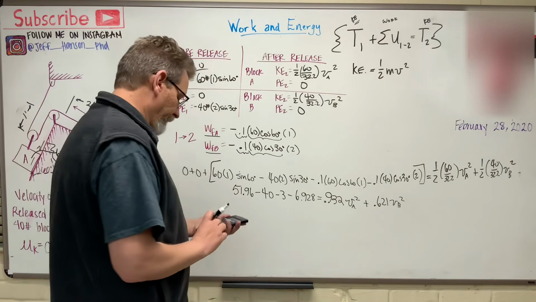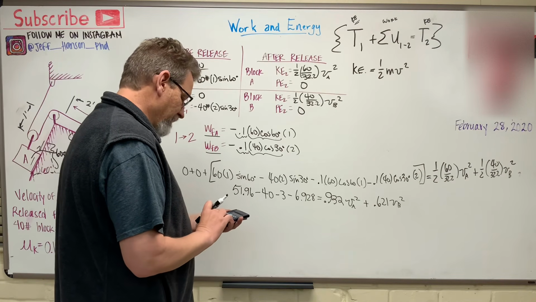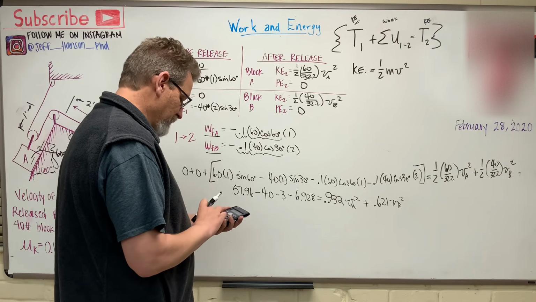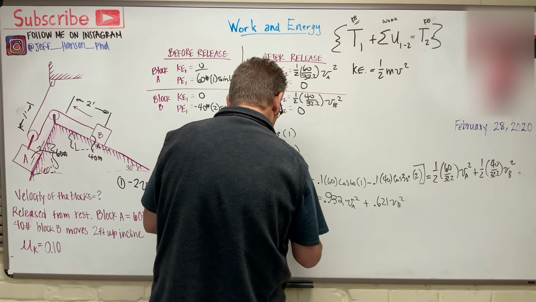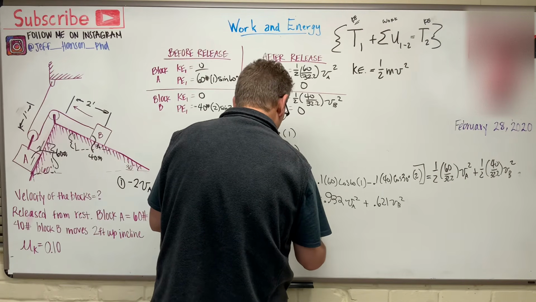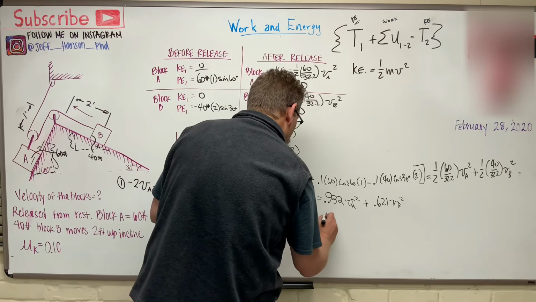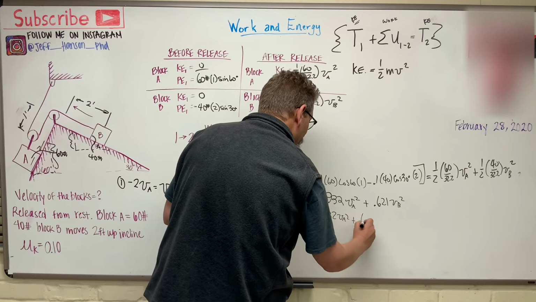What does this side equal to? 51.96 minus 40 minus 3 minus 6.928 is 2.032. Okay, that is equal to 0.932 VA squared plus 0.621.